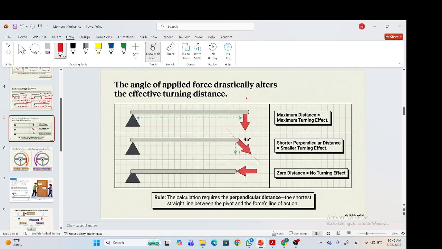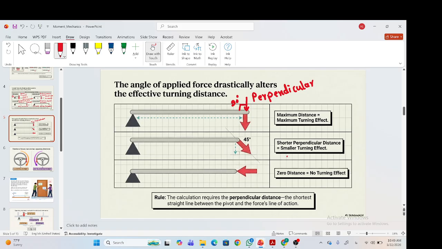Your force always must be what? Here we have an English word that's called perpendicular. What is the meaning of perpendicular? Perpendicular means that when you apply the force, the angle that the force produces must be 90 degrees. Not less, not more.